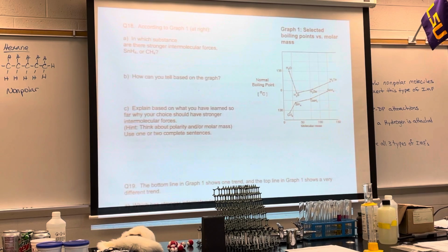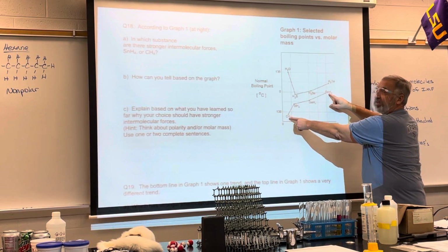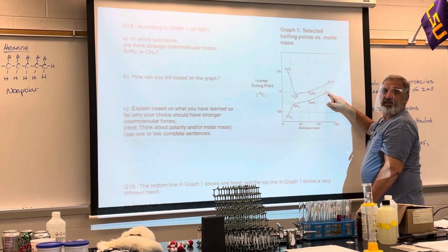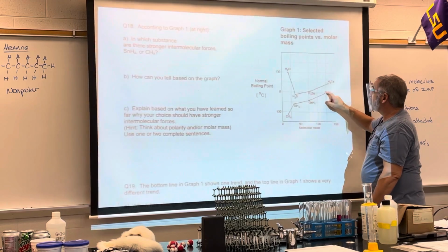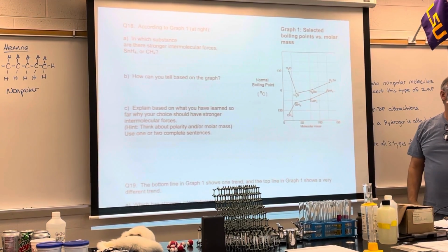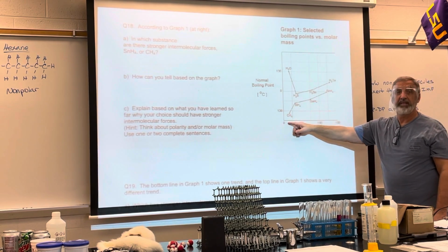So, in which substance are there stronger intermolecular forces? CH4, SnH4? SnH4, right? Okay? Because what type of attractive force is it between all these molecules?